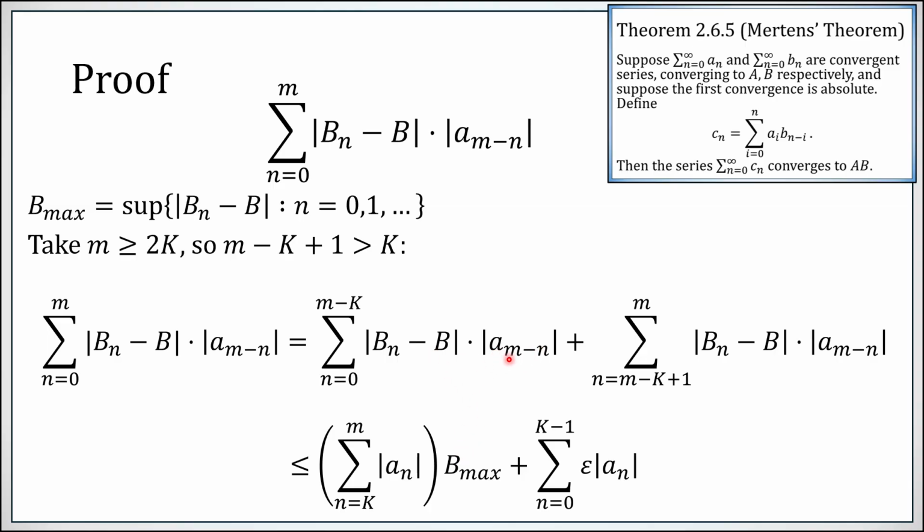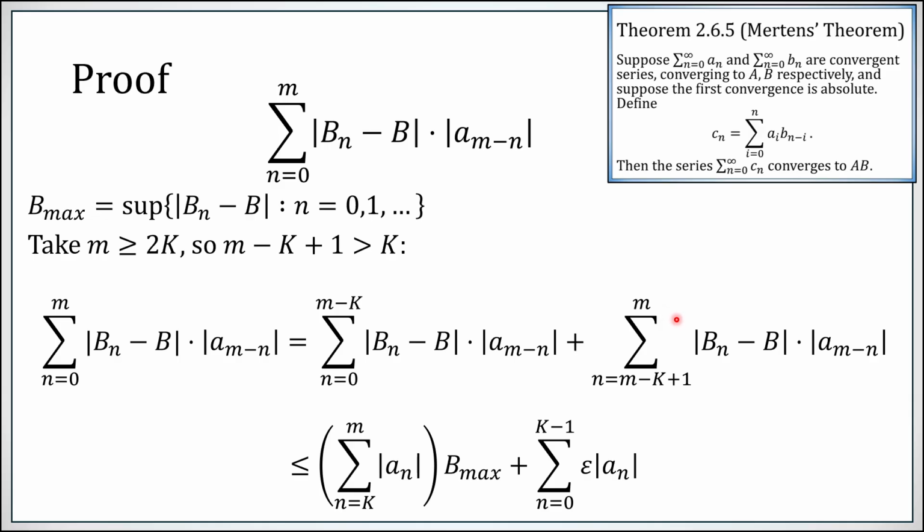This is little a, m minus n. n goes from 0 to this, so m minus n will start at capital M and then count down until you pick n equals m minus k, and you'll get exactly k. So this goes from a sub m counting down to a sub k, which we write in this order, going from a sub k up to a sub m.